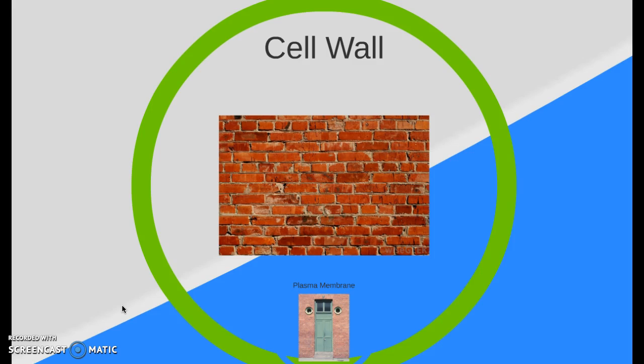But then there's active transport, which is the other type of diffusion, where it requires energy. So that would be sort of like an animal, or human, that would require energy to open the door and walk through and close the door behind them to make sure that nothing else goes in, and that's what it is.